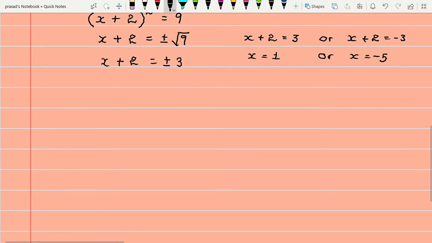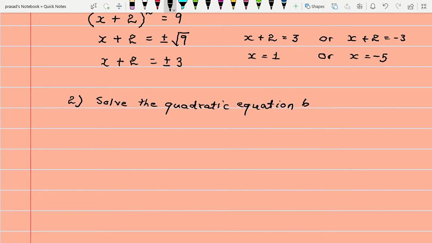Now consider the next problem. So here, solve the quadratic equation by completing square, and write the answer in the third form.